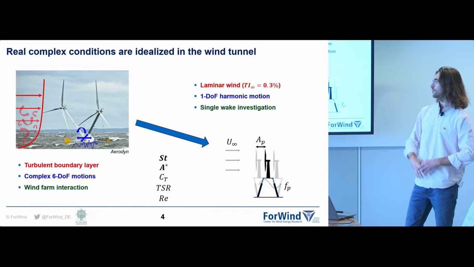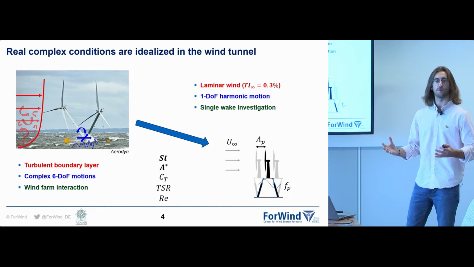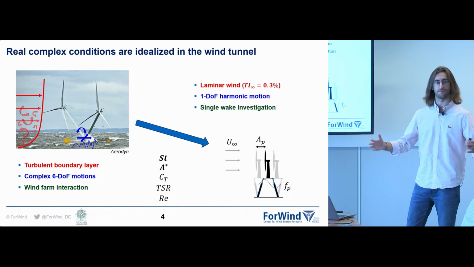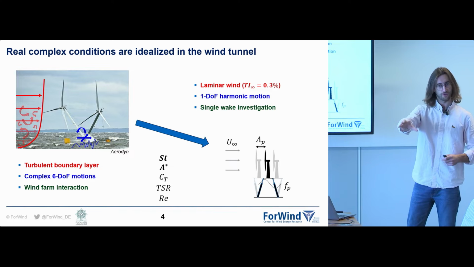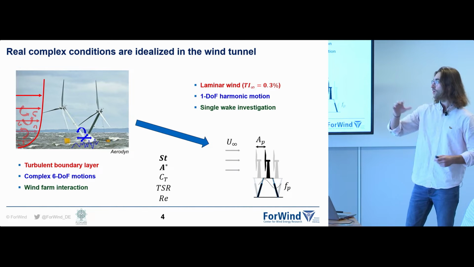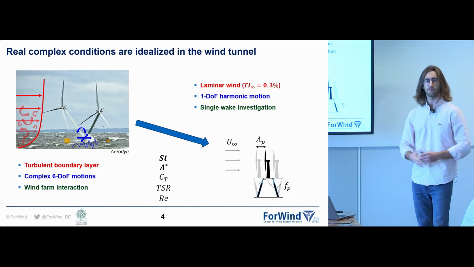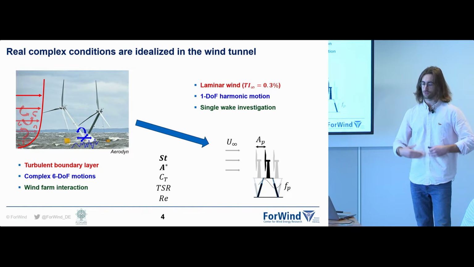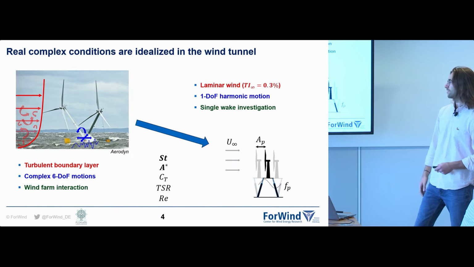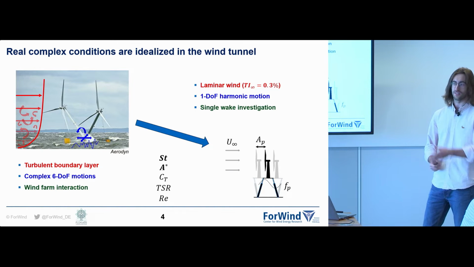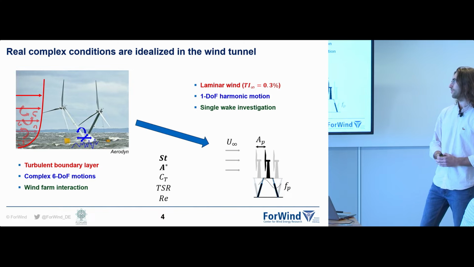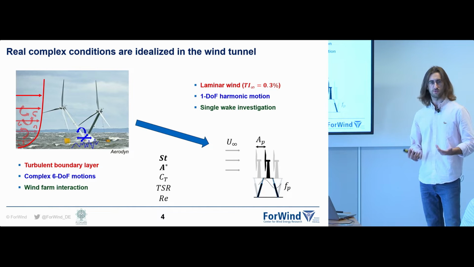And if we look at real applications, floating turbines will be installed in wind farms. So there might be some interactions from the first floating wind turbine to the one behind. And all this complex problem is kind of hard to investigate in a wind tunnel. So we have to make some assumptions and simplify the problem. And what we did for our tests, we mainly considered laminar wind. So we did not account for this complex turbulent boundary layer, which is quite a strong assumption.